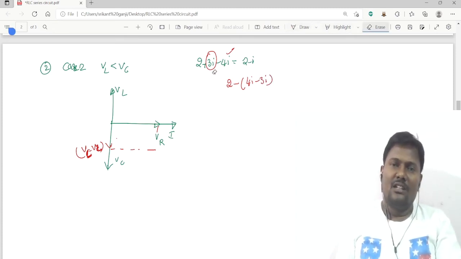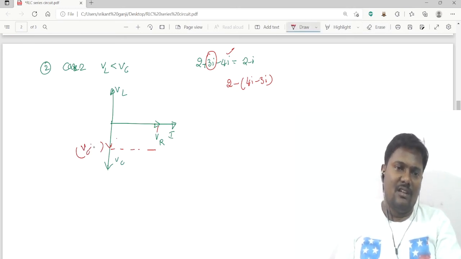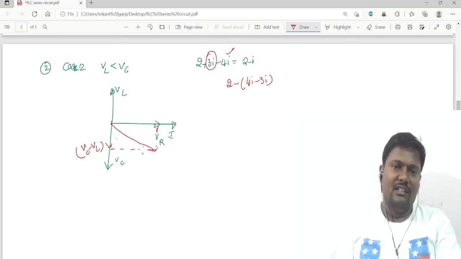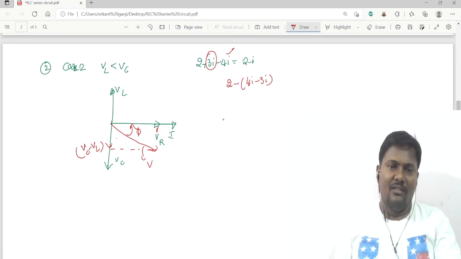So if this term is negative, VC minus VL, okay, right, add these two, then I will get the resultant voltage. The angle between these two is the phase angle.